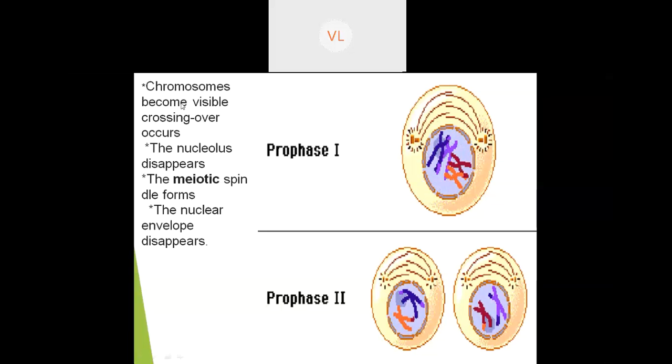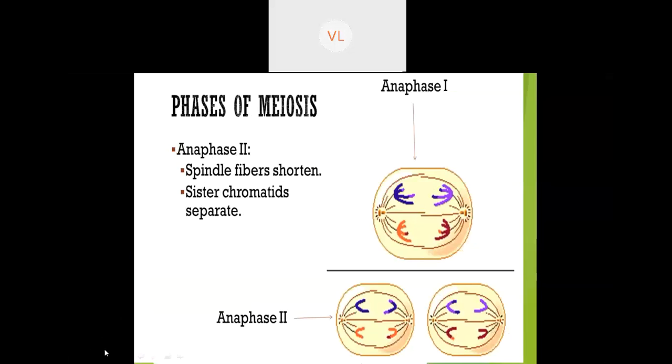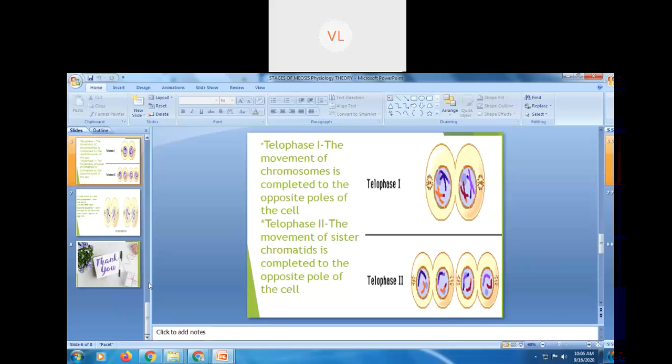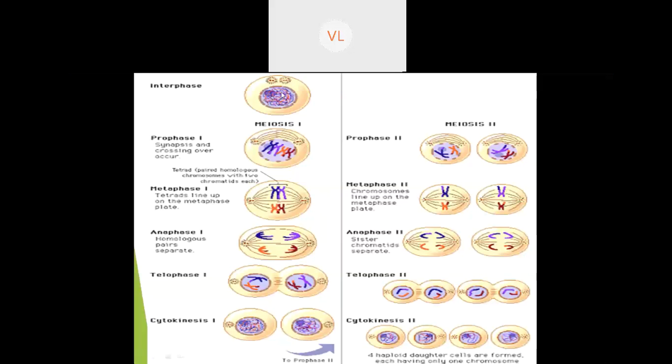First, the chromosomes become visible. Before, in the interphase, all the chromosomes were jumbled up, all together.